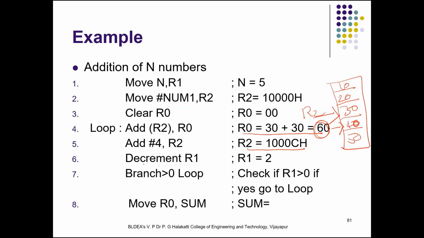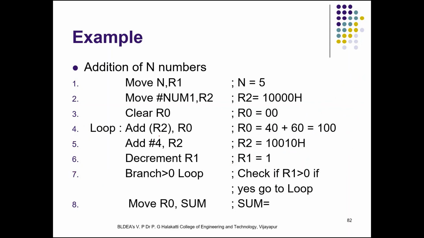Now since we performed one more number addition, we have to decrement the count. So count we have decremented by 1. So R1 becomes 2 now. Is 2 greater than 0? Yes. If it is greater than 0, go back to the loop and begin it. Right?